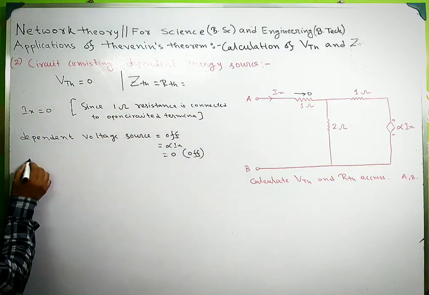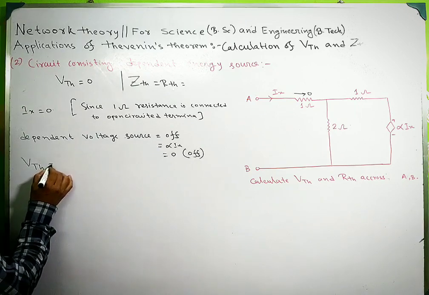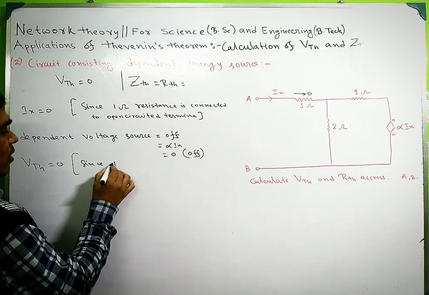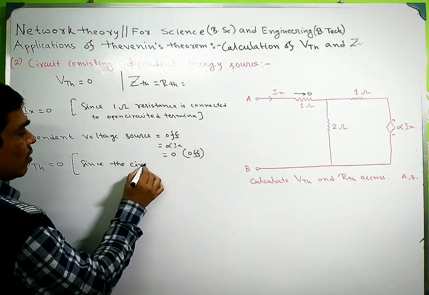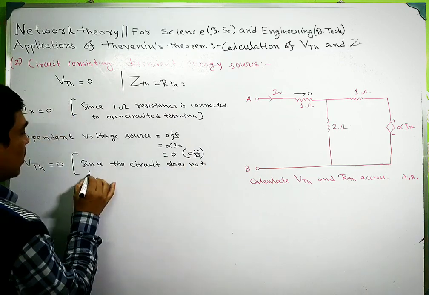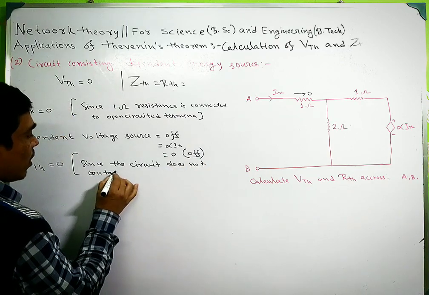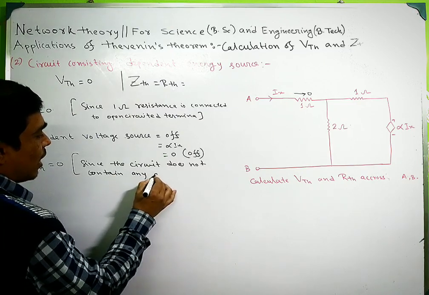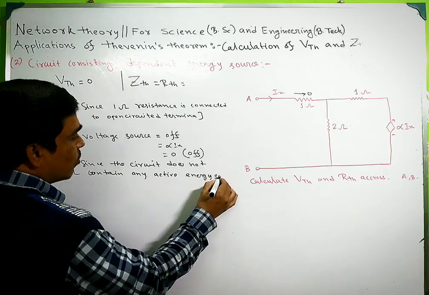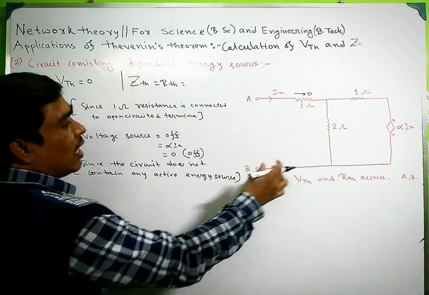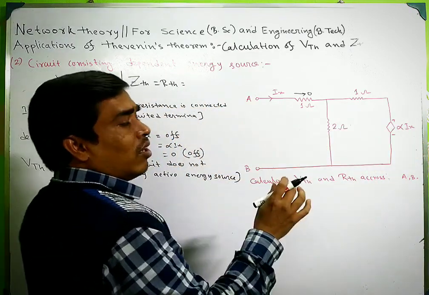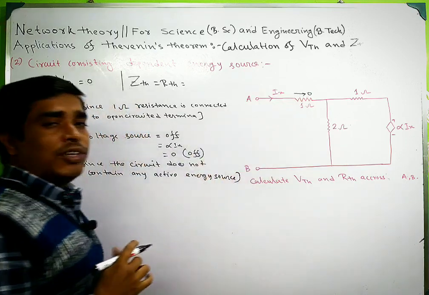That's why VTH equals 0, since the circuit does not contain any active energy source, because this source becomes dead because Ix is 0.